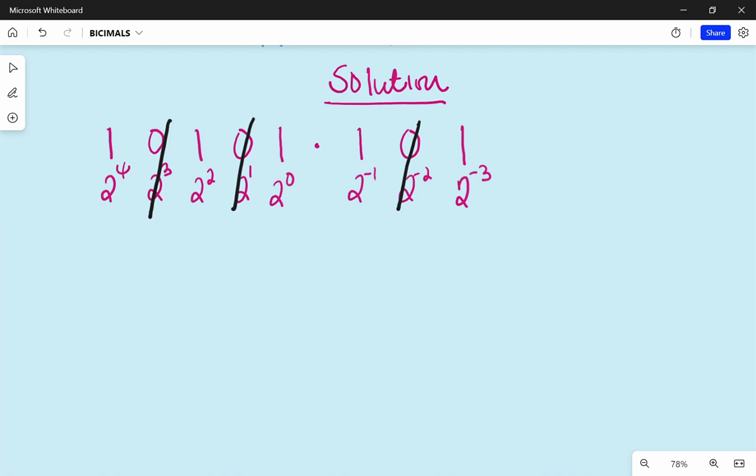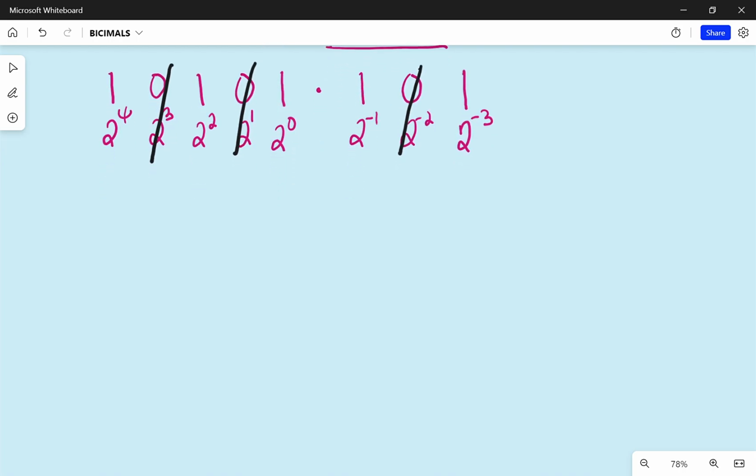Okay, so now I've remained with 2 power 4, which is the same as 16.